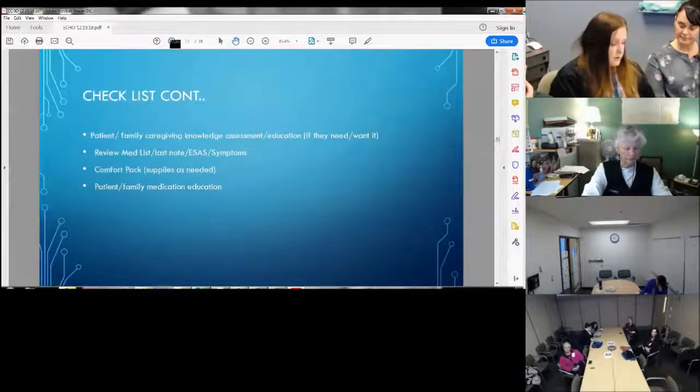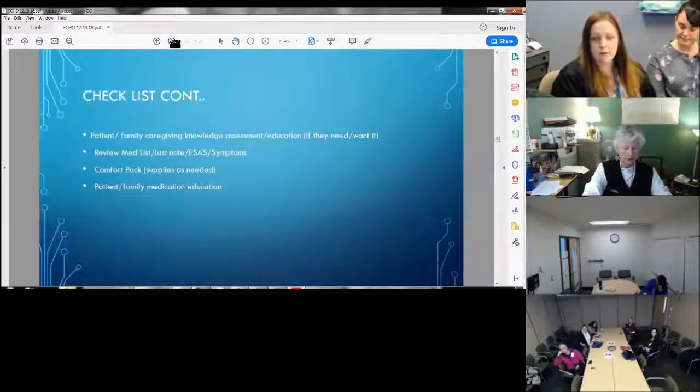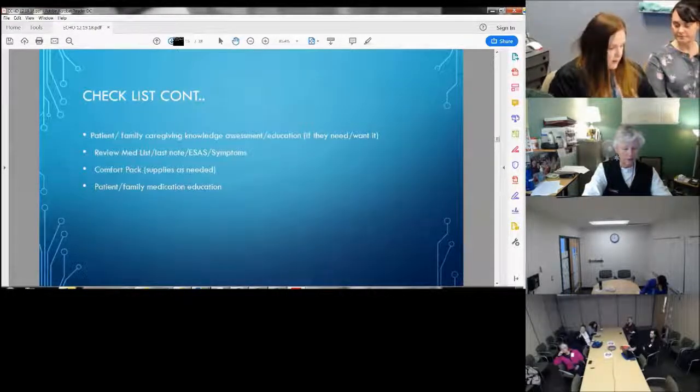We'll also go over the comfort pack supplies they're going to need. Often these villages don't have a big surplus of supplies, so not only are we sending things home with them, we also want to communicate to the hub that these people are going to need supplies sent out to their village in the future.